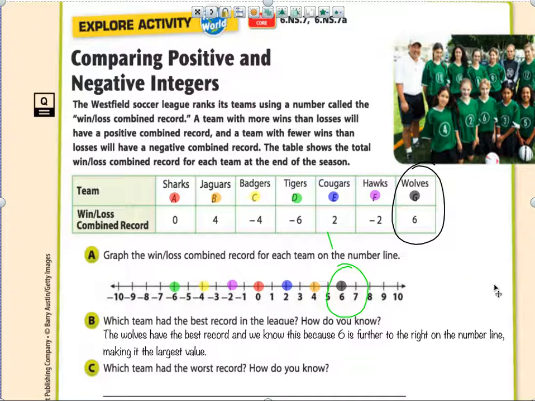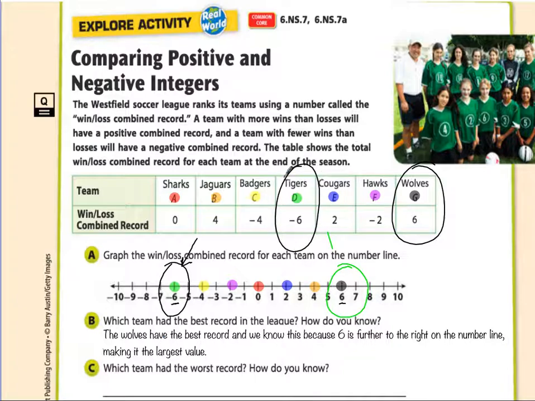So if the greatest or the biggest or best is on the right, then the least would have to be furthest to the left, which in this case is a -6. Okay, so even though both of these have a 6, since one is negative, it's actually smaller. It's the smallest on our number line, so that would be the Tigers.